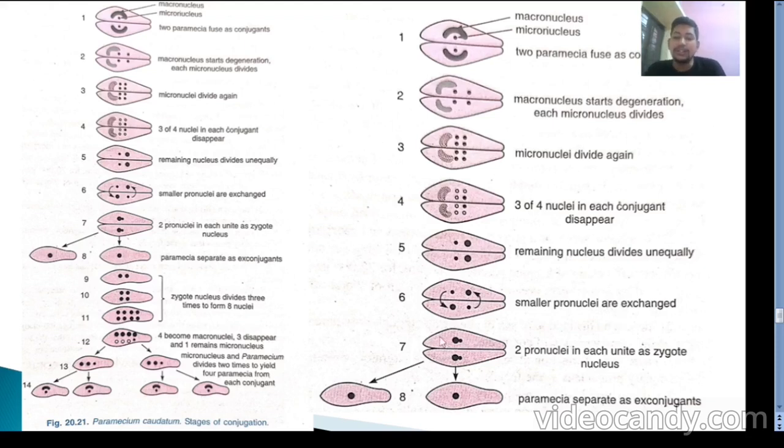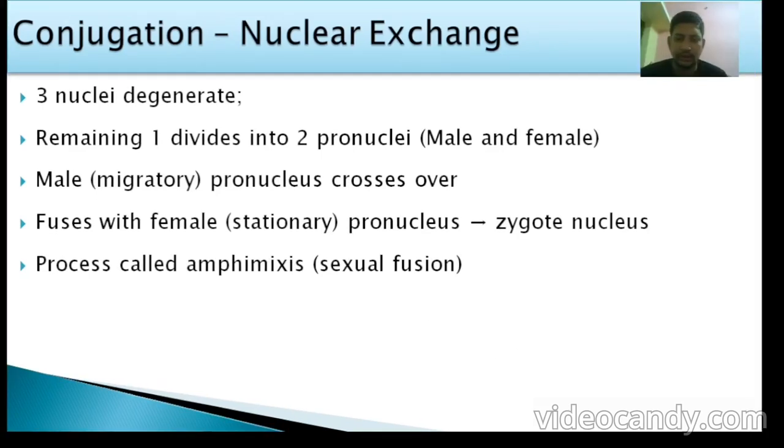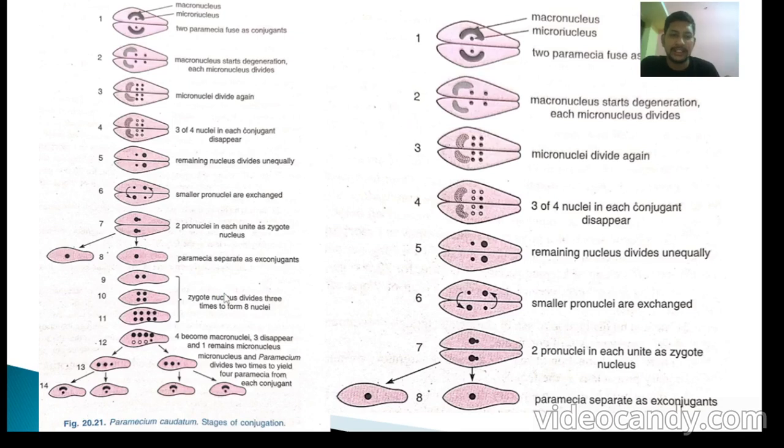And now there is a fusion of these 2 nuclei to form a zygote nucleus. It is also called amphinucleus or synkaryon. Okay, so once again we'll revise. The male pronucleus crosses over and fuses with the female nucleus to form the zygote nucleus, and this process is called amphimixis.